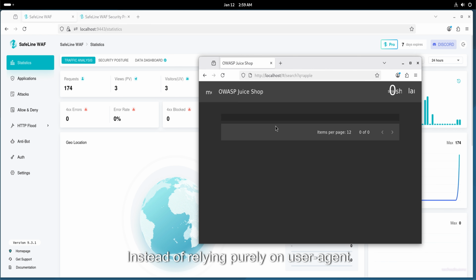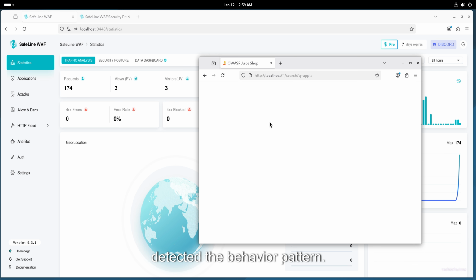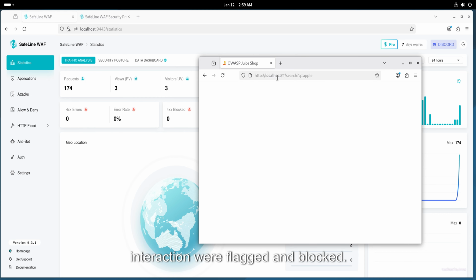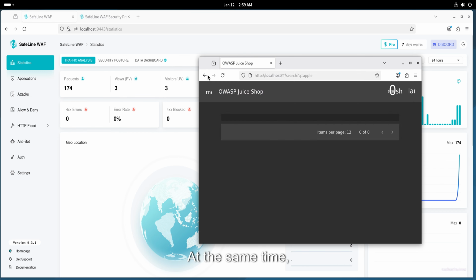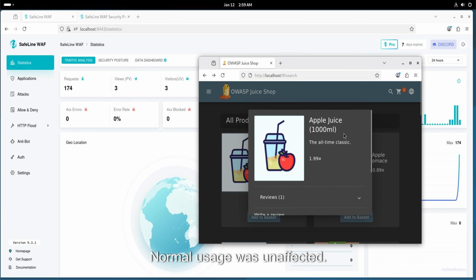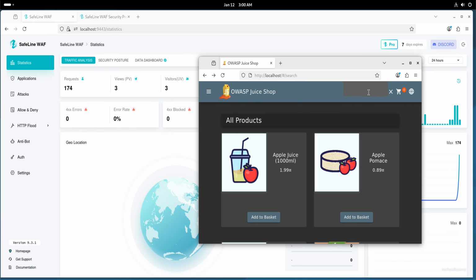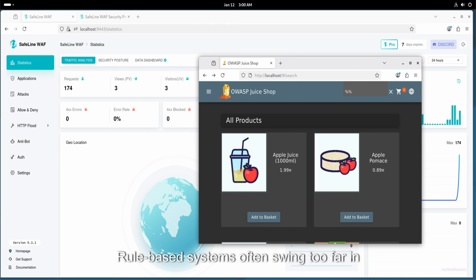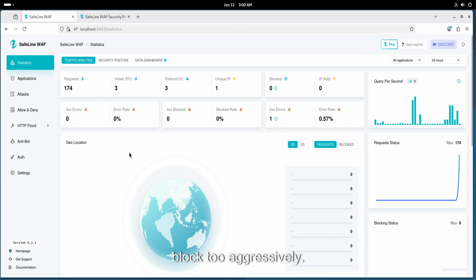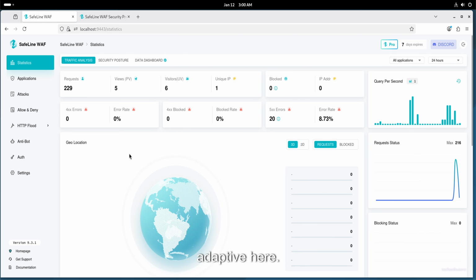Instead of relying purely on user agent strings or static indicators, SafeLine detected the behavior pattern. Requests that clearly didn't match human interaction were flagged and blocked. At the same time, I continued browsing the site manually. Normal usage was unaffected. That balance is hard to get right. Rule-based systems often swing too far in one direction. Either they let too much through or they block too aggressively. SafeLine's behavioral approach feels more adaptive here.